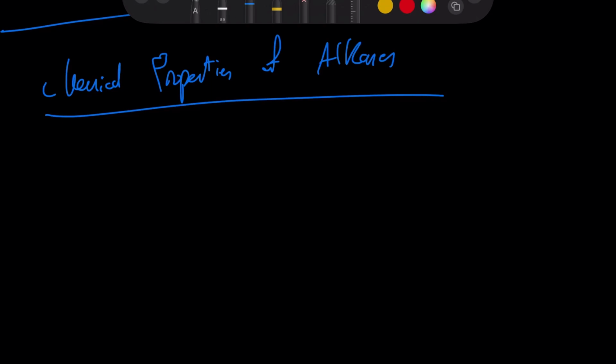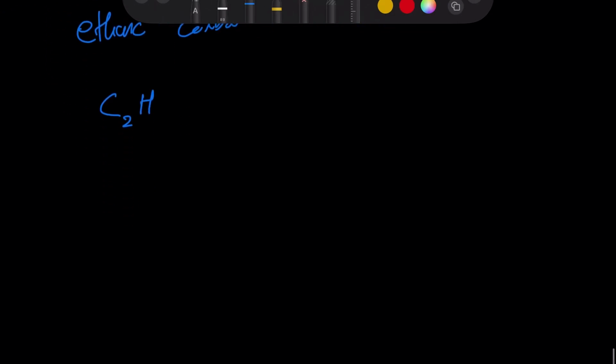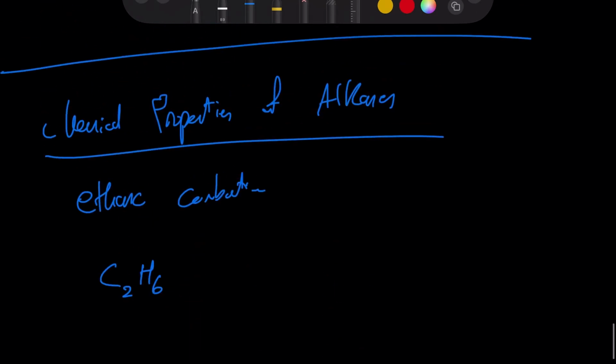Let's make it trickier and write the combustion of ethane. What's the formula of ethane? It has two C's, so C2. How many H's? Six.